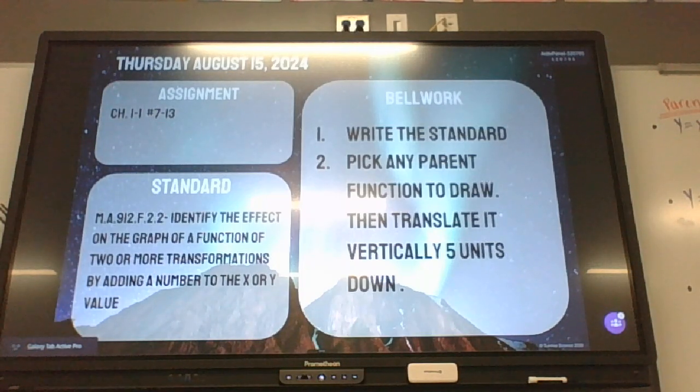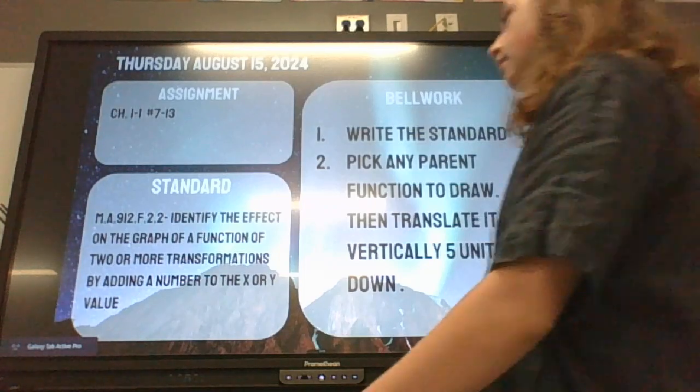So, are there any volunteers to come to the board, draw a parent function, and translate it 5 units down? Yep, go ahead. I'll take probably one more volunteer after. Pick any of the parent functions on the front of the handout, translate it down 5 units.